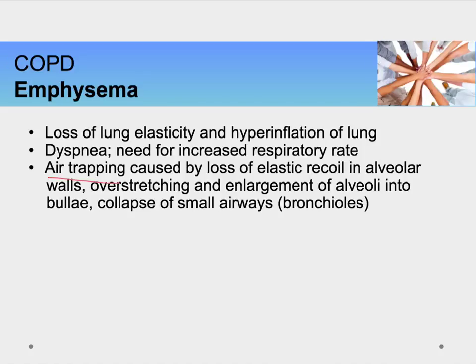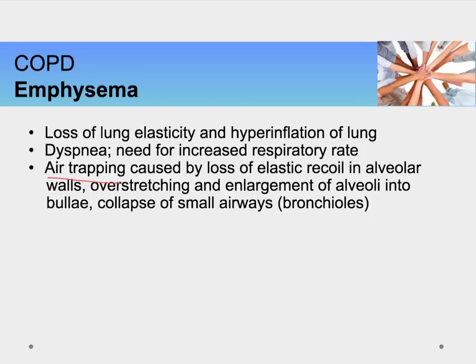Air trapping is a common term that you'll hear when referring to emphysema. It means that there's an increased amount of air trapped in the lungs. Causes of air trapping are loss of elastic recoil in the alveolar walls, overstretching and enlargement of the alveoli into an air-filled space called a bulla, and the collapse of the small bronchioles.